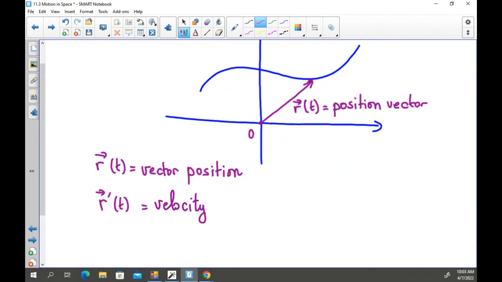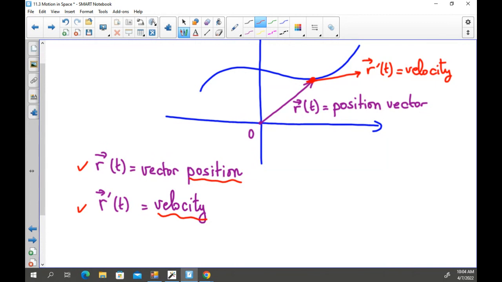The vector velocity is tangent to the curve. So this will be r dash, which will be the velocity. So from r, we can get the velocity. From the position, you get the velocity by differentiating.